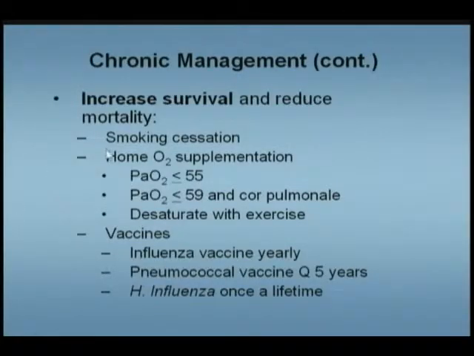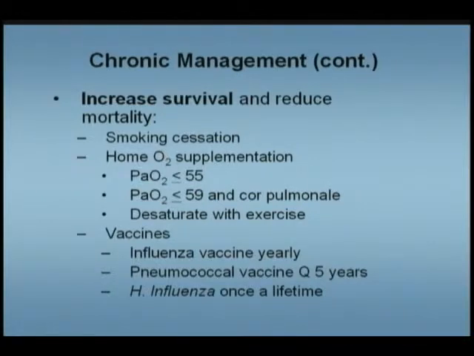So what do we do in these patients? We tell everybody to stop smoking, and then we give them home oxygen only if they have severe and significant disease. When do they have significant disease? When we measure their resting oxygen and it's less than or equal to 55.